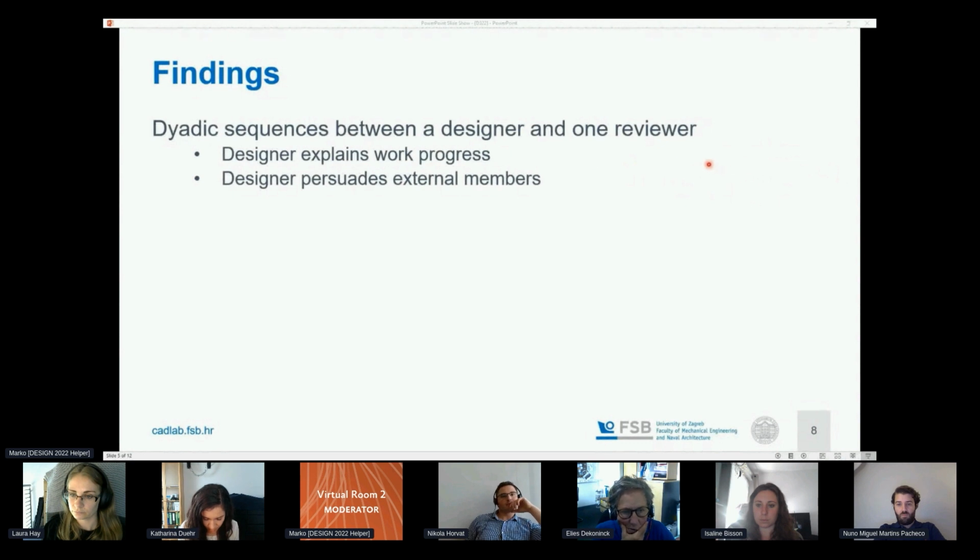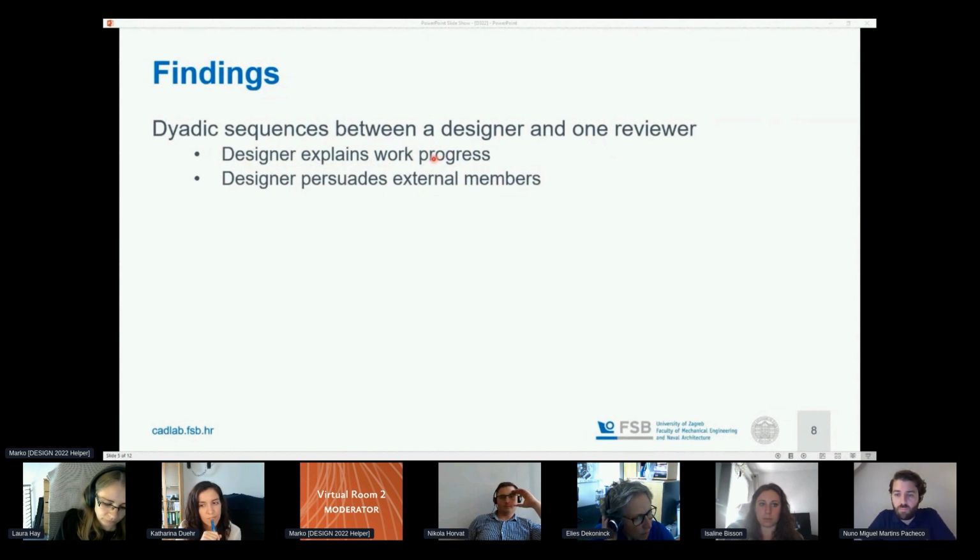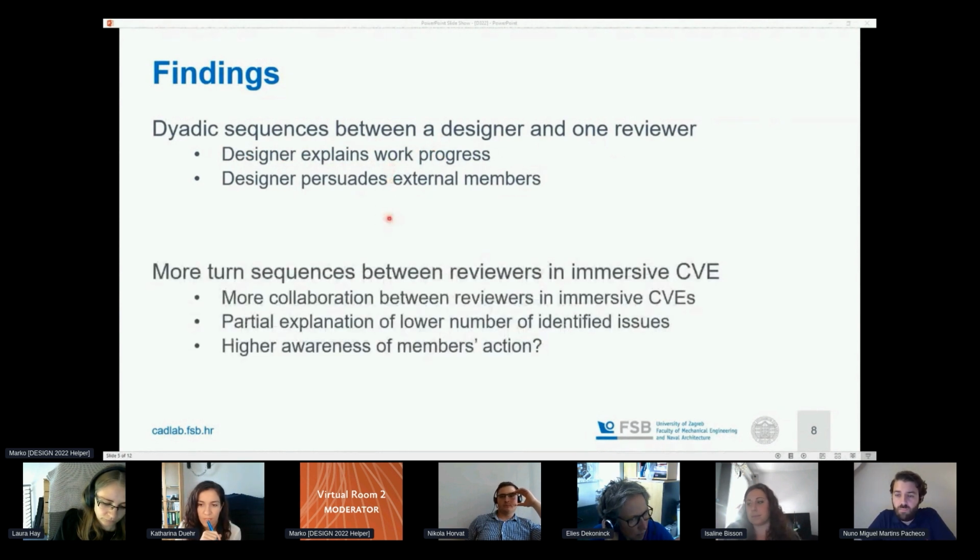These findings suggest that designers have an important role in design reviews, probably related to their role found in previous work, being explaining the work, but also persuading others into their solution. Another finding is that there are more sequences between reviewers in immersive CVE, suggesting that reviewers collaborated more in this environment.